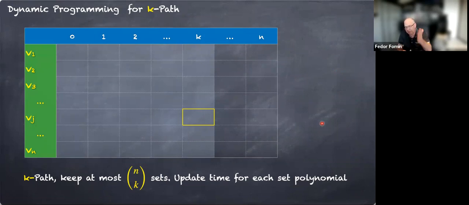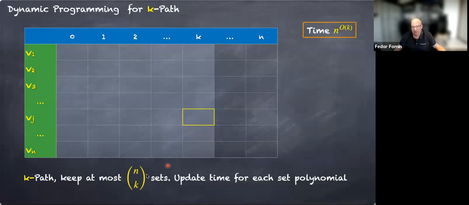If I just stop here, I have to keep n choose k, so I'm keeping all vertex sets of size at most k. At the end, I'm keeping n choose k, and every time I need to update the table, this goes in polynomial time.